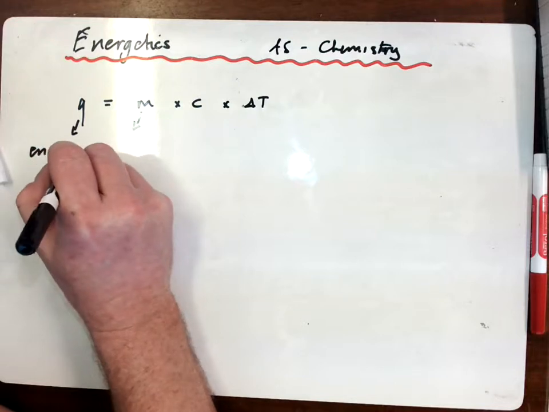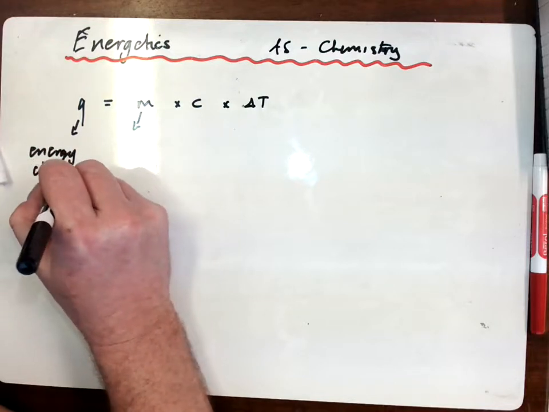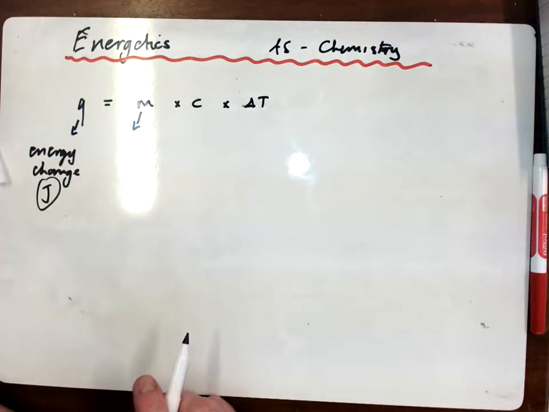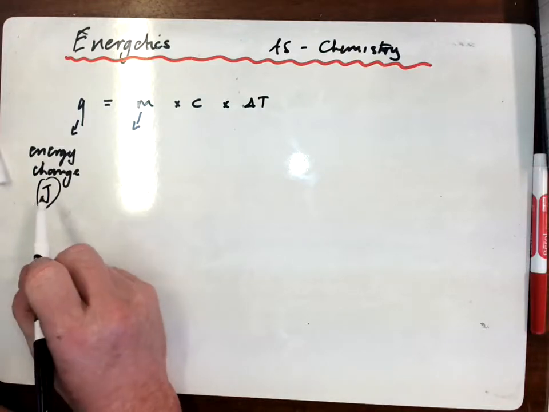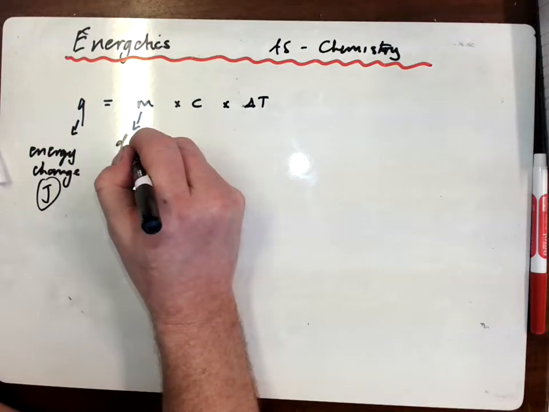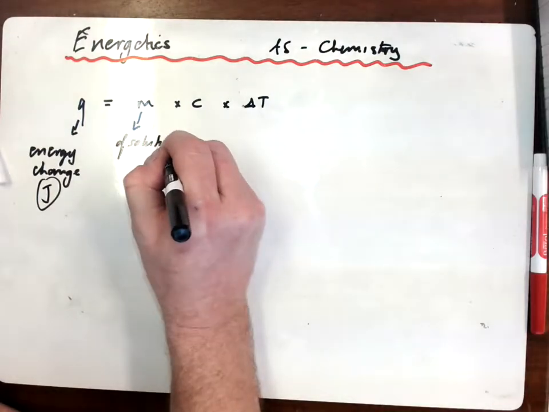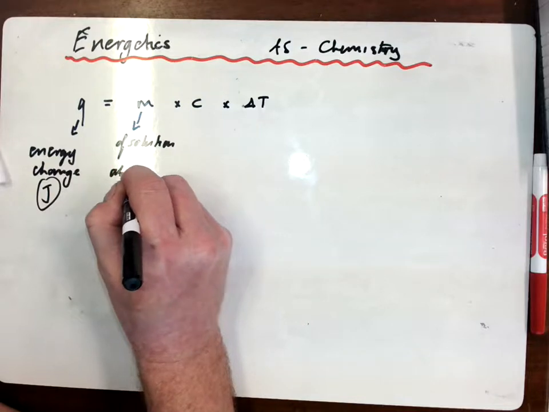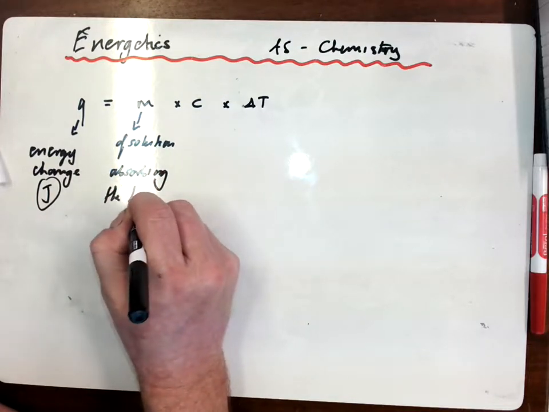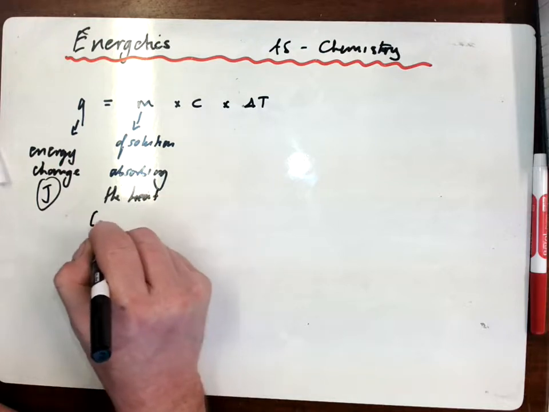Q is simply the energy change that is going on inside that reaction, and that is measured in joules, and that's important because our final answer of enthalpy change is in kilojoules per mole, so we'll have a conversion to do at some point. M is simply the mass of the solution which is absorbing the heat, and that's important in terms of the volume.